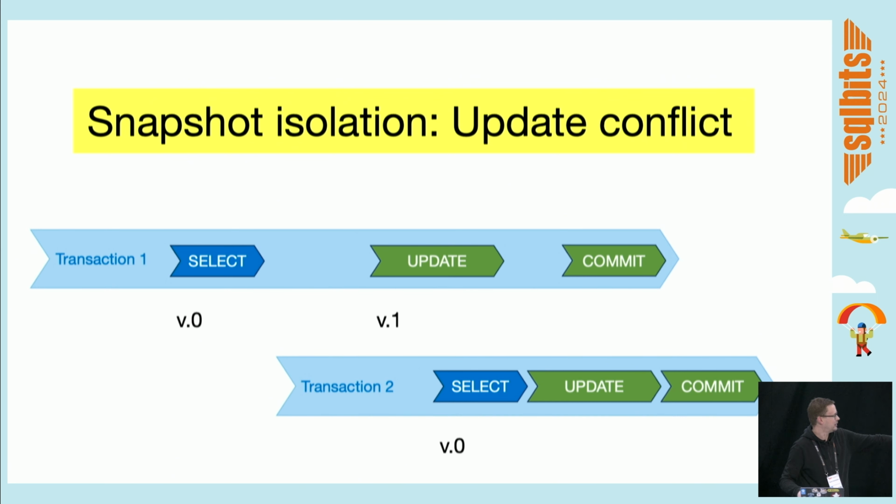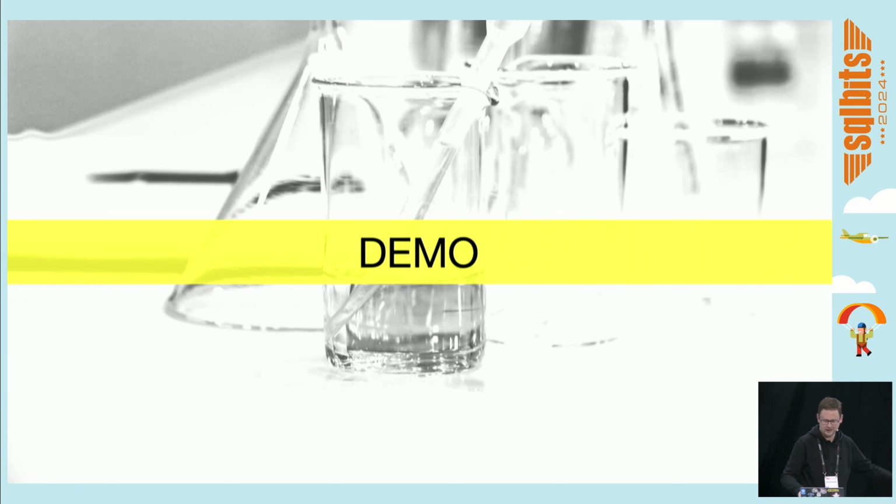Transaction 2, meanwhile, has done a select. Transaction 2 sees the versioned information. Transaction 2 sees version 0. Transaction 2 wants to update the same information, which brings us to version 2. Now you're committing transaction 1, but now that you're trying to commit transaction 2, you get what's known as an update conflict, because this doesn't make sense. You were promised that you were on version 0, and now you want to go directly to version 2. And that doesn't make sense. That's where you run into an update conflict.